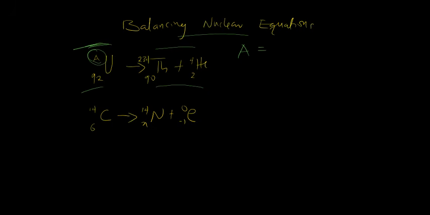A nan gurin shine abin da yake a product kawai shine wannan 234, plus wannan kuma the mass, and that is wannan 4 din. Shi da abin da yake a nan side din. So idan aka ce nemo a kawai sai in ce a is equals to 234 plus 4. Kun ga kawai zai kama 238. So the value of a kawai is 238. Abin da ake nufi kenan.